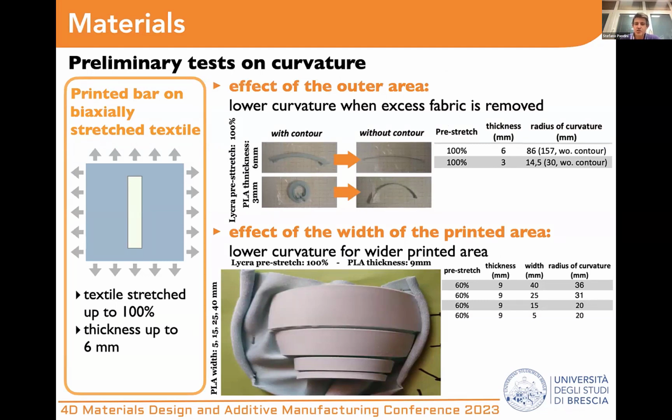The results clearly showed that the obtained curvature was significantly influenced both by the presence of the textile contour around the printed area and by the printed area width. And this suggested that besides the stress at the textile printing element interface, also the stress that is accumulated in the surrounding area has an important role.